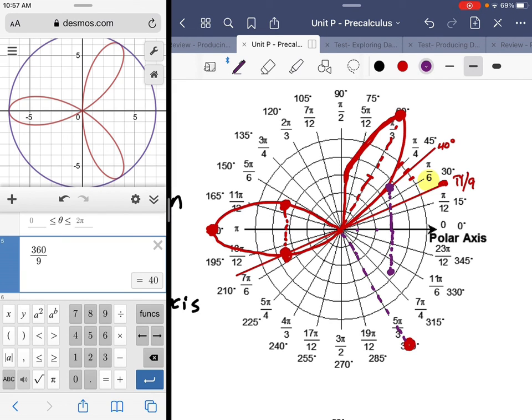It's going to put me right in this neighborhood over here. And then using symmetry, you can get your other point, which is going to get you over here somewhere. So we really are eyeballing it because we don't want to spend our whole lives coming up with these graphs, especially since the graphing calculators can do it for us.